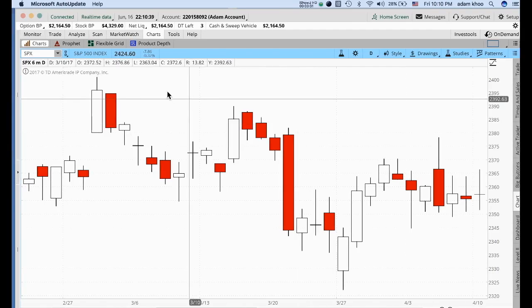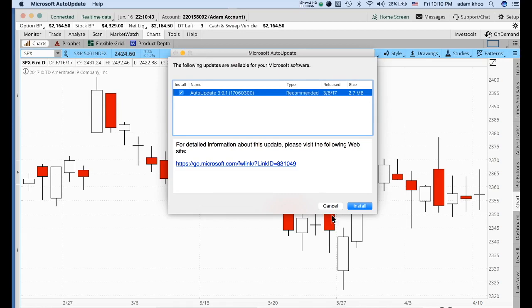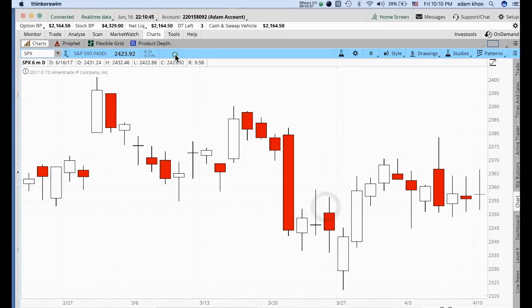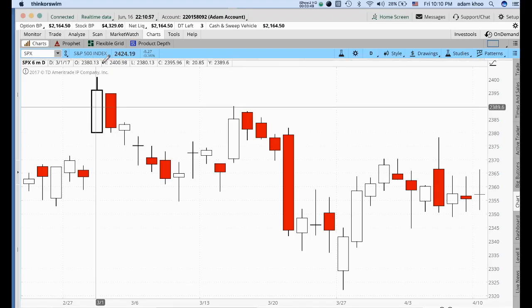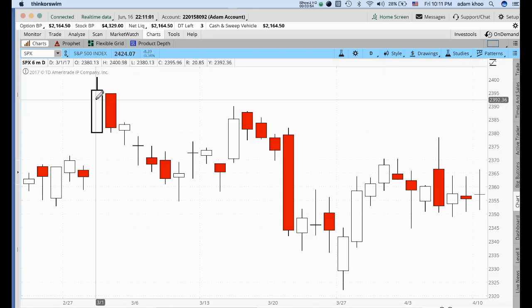So when I point at any candle, right? Okay. So when I point at this candle, for example, now that's a bullish candle, okay? So when I point at this candle, straight away, if you look at this place up here, can you see this thing up here, right? So you can see O 2380, that's the opening price.